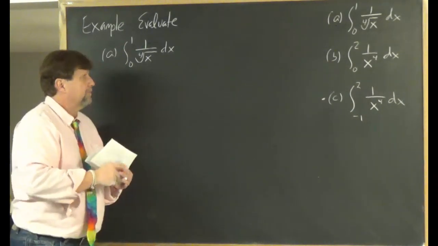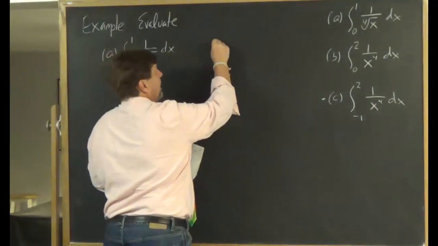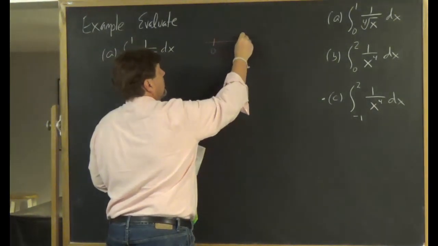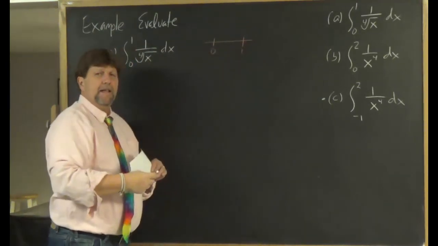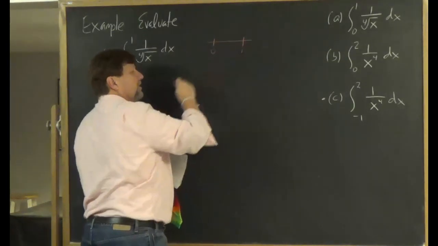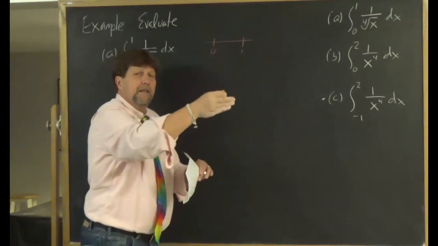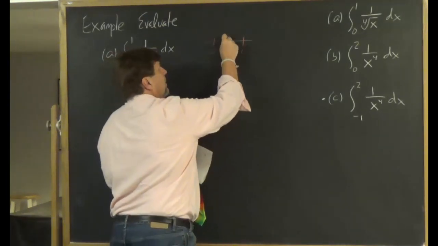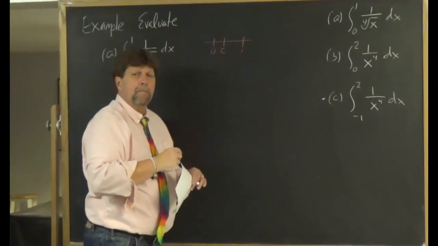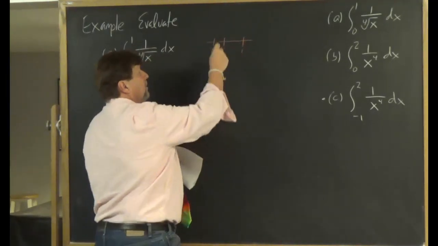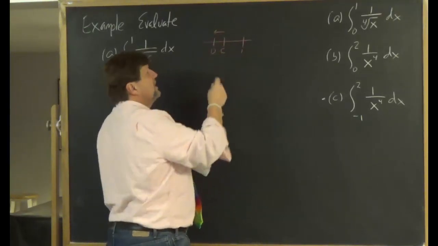In fact, if I know where my infinite discontinuity is, I can just make a number line. I'm integrating from 0 to 1, and that's where the infinite discontinuity is. So I'm on this interval here. I can integrate from any number greater than 0 to 1. So I can integrate from c to 1 and then let c approach 0.